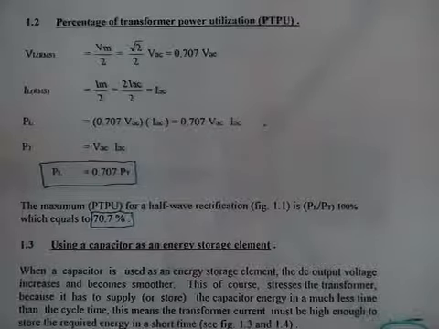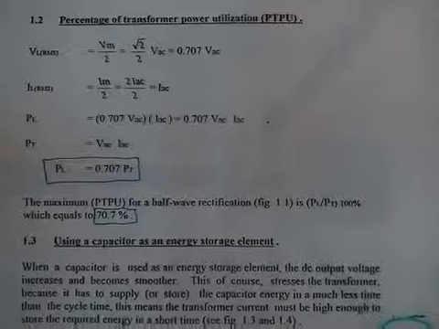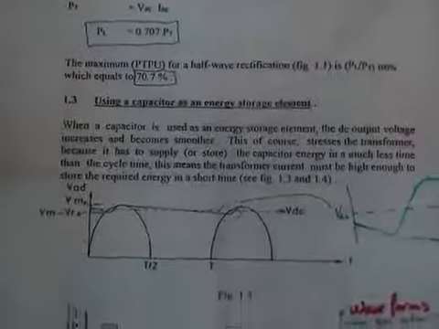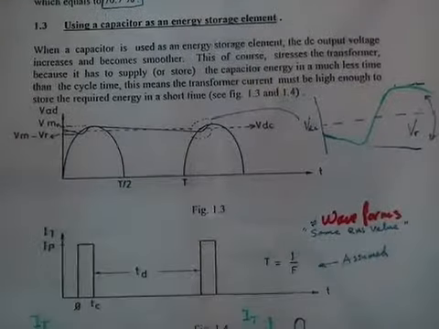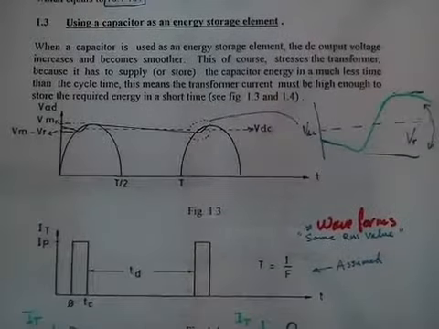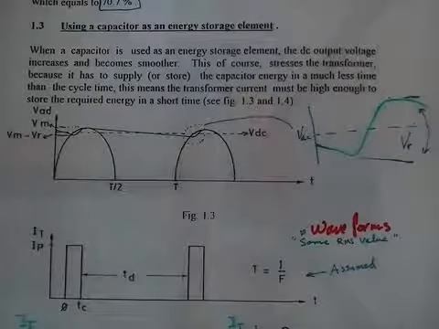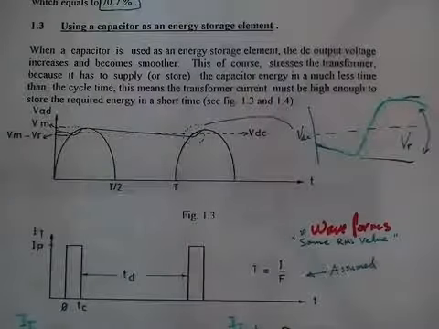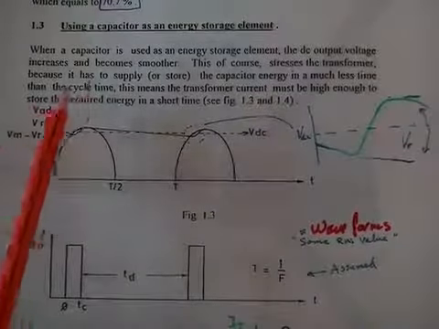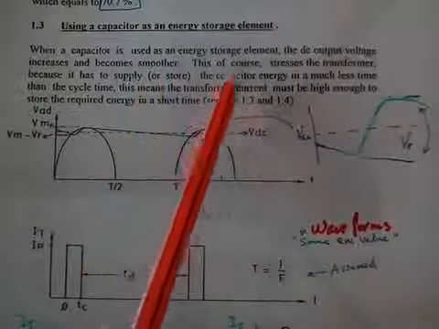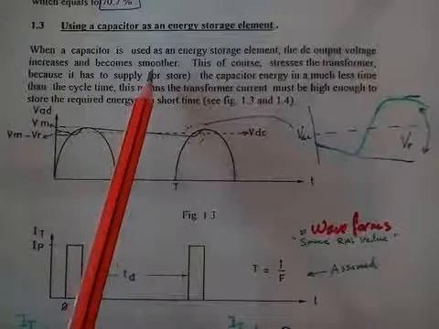Now we intend to use the storage element, which is the cap, to smooth that output voltage. When a capacitor is used as an energy storage element, the DC output voltage increases and becomes smoother.